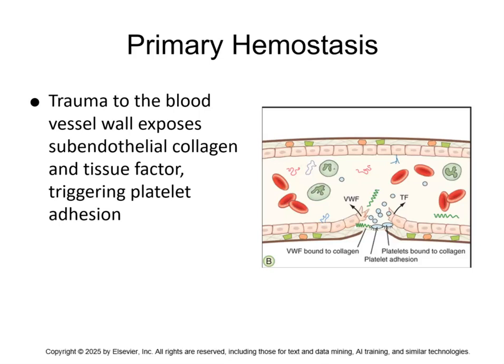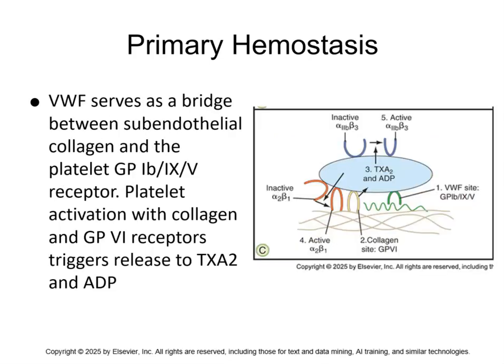But when we have trauma, where that subendothelial is exposed, and you can see the picture there, that allows the platelets to adhere to the collagen with their glycoprotein receptors, which, depending on whether the intrinsic or extrinsic pathway is involved, depends on if tissue factor gets involved or not. And if it's an artery, then von Willebrand's might be activated. So it depends on where the actual trauma is occurring.